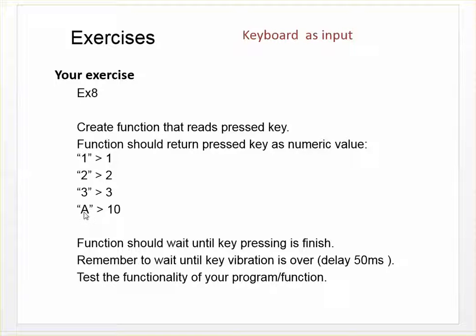As this A is a hexadecimal number, it usually equals 10. So those are the numbers that the keys should return. And the function should wait until the key has been pressed. So when you lift off the key, not pressing anymore, then the function should return, not before that.